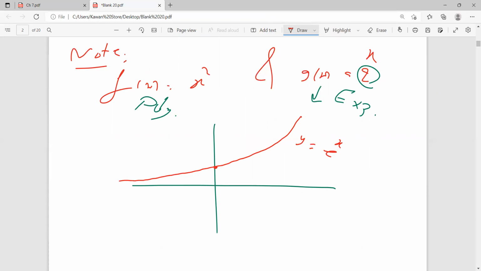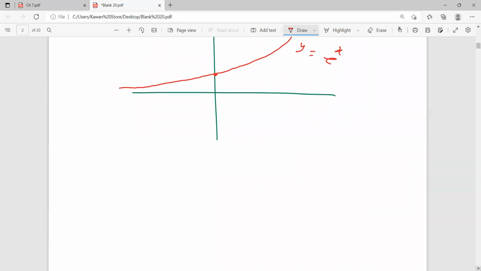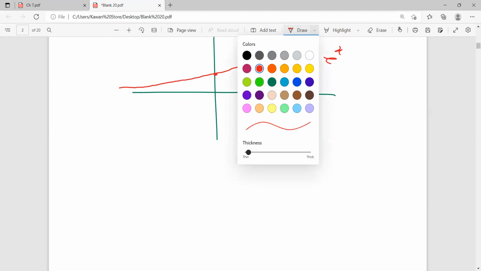Here's the graph, here's the x-axis, here's the y-axis. You know about that one. How do we specify the domain and range? Can you tell me? Domain and range. Exactly. How do you know? The graph. Yes, you're right. So here's the shadow.